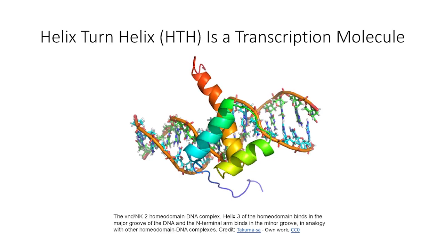In the illustration, the 3 alpha helixes are represented by coiled ribbons differentiated by color and size. The largest red ribbon motif represents alpha helix number 3, that is in contact with the major groove of the DNA molecule, and the N-terminus arm in contact with the minor groove, completing a lock and key molecular interaction.